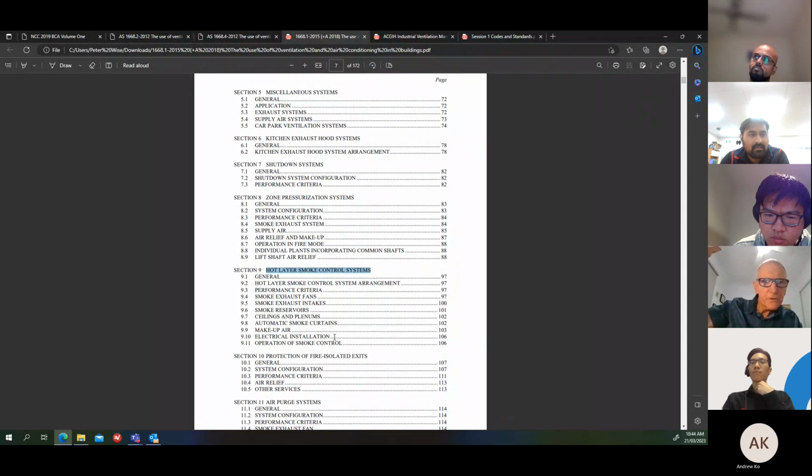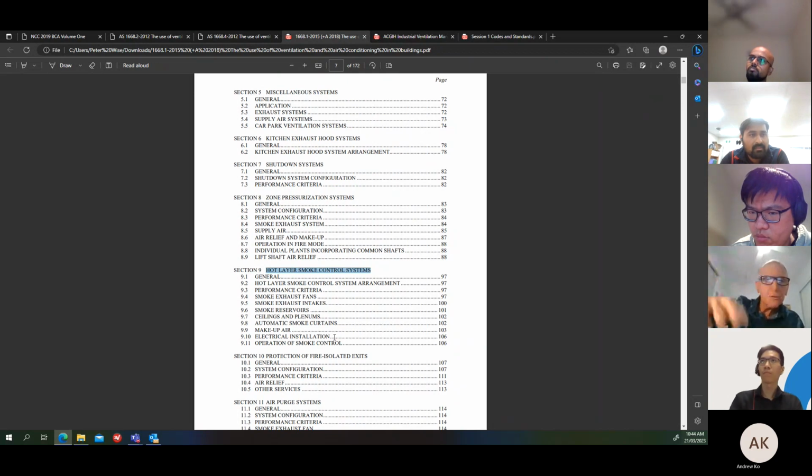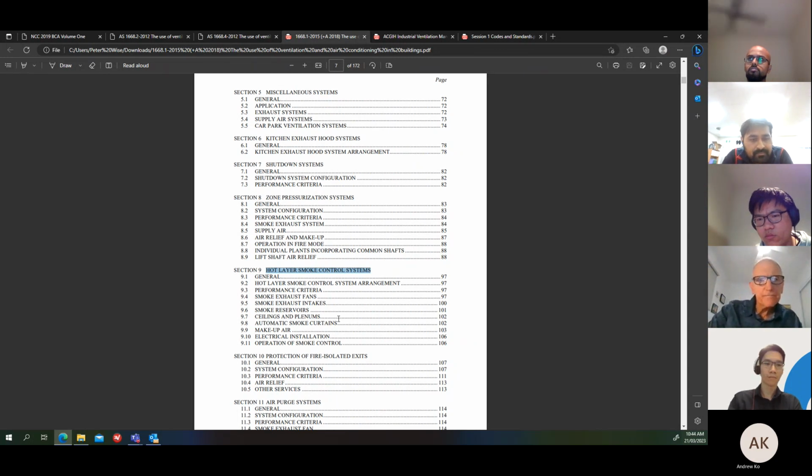That's usually a smoke exhaust system, and it's a hot layer smoke exhaust system. So there's some ductwork and a fan directly above that. And if you park in the car park on the roof, you might even see the enclosure where the fan is. So there's an exhaust fan up there, which in the event of a fire, is exhausting straight out from the ceiling. That's a hot layer smoke control system.